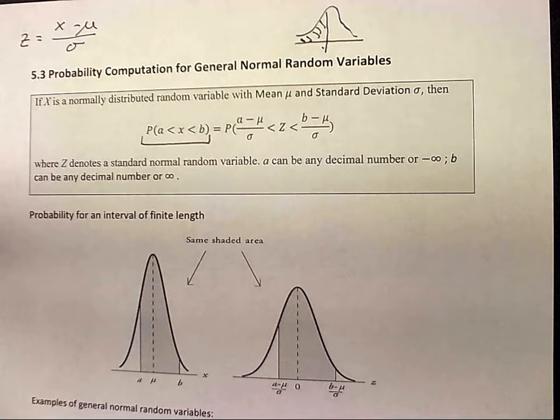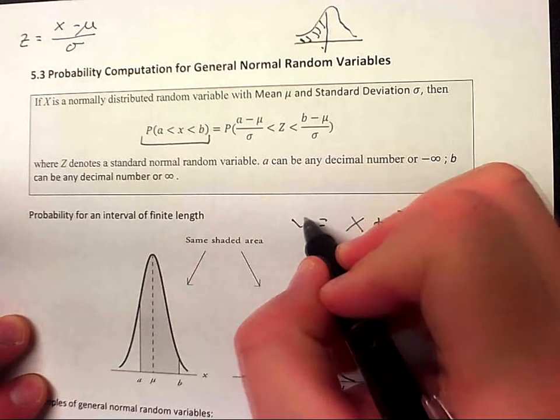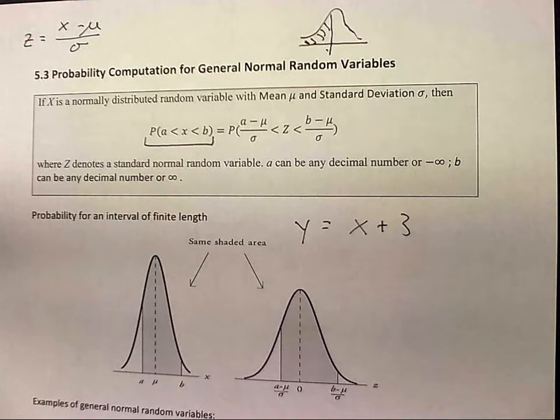Now, the important thing to remember is this, and this is a very basic math concept that all of you have mastered. If you have some equation, let's say x plus 3 is equal to y, if I wanted to solve for x, what would I do? Subtract 3.